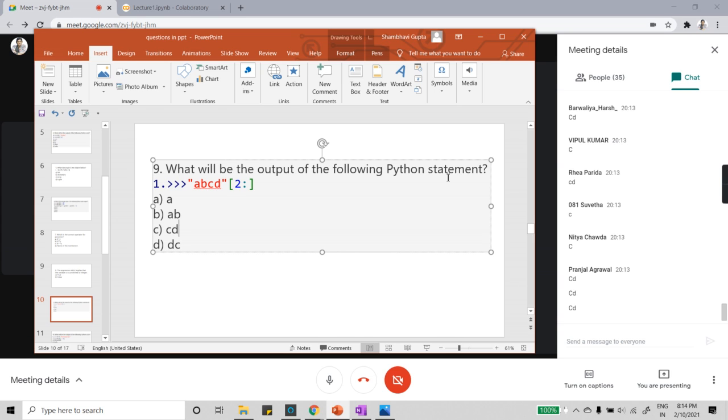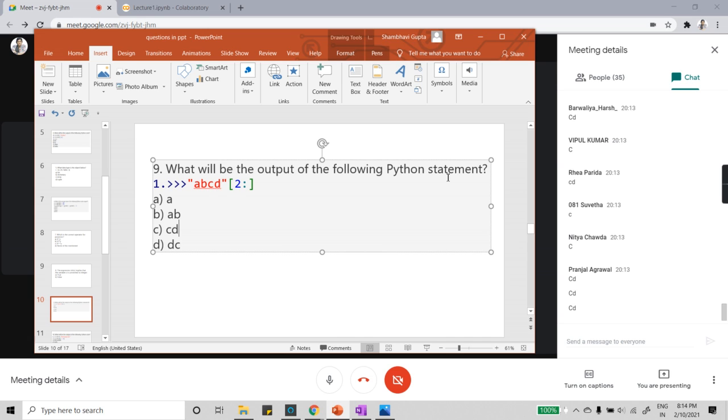A has index 0, B has index 1, and C has index 2. So it will start from C, which has index 2, and I haven't mentioned any ending index, so it will go up to the last, and that is D. So I would be getting the output C and D.